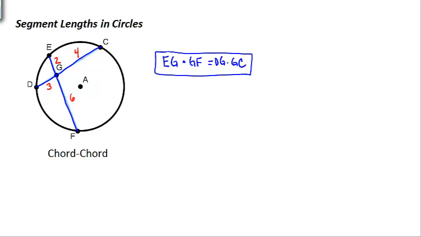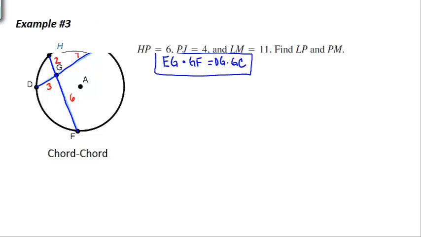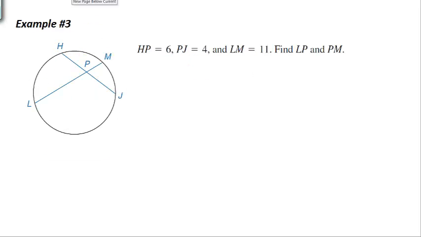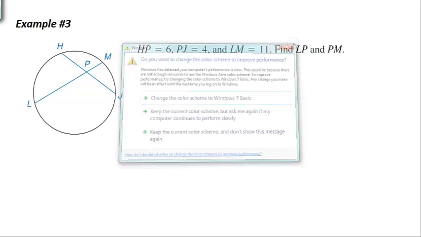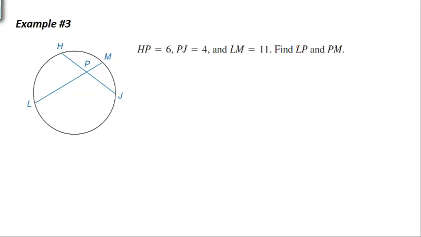Now if we were to take a look at something slightly more difficult, looking at example 3 from your handout, looks fairly similar, but when we start to fill in the lengths here, it tells us that HP is 6, that PJ is 4, and LM, that's the entire chord, is 11.